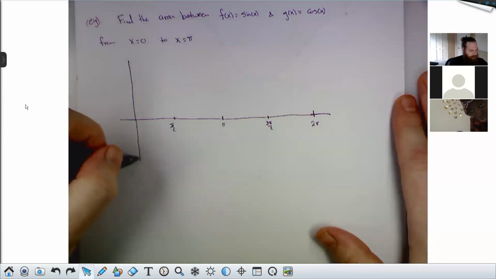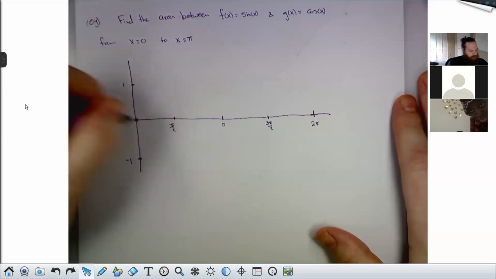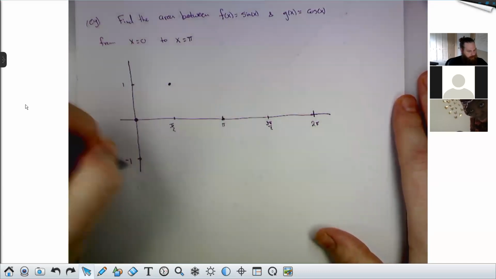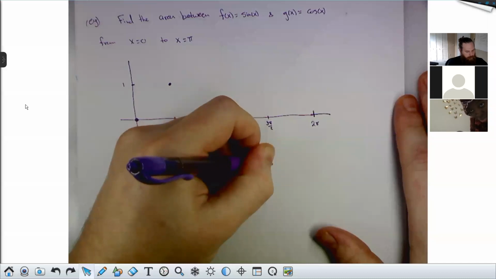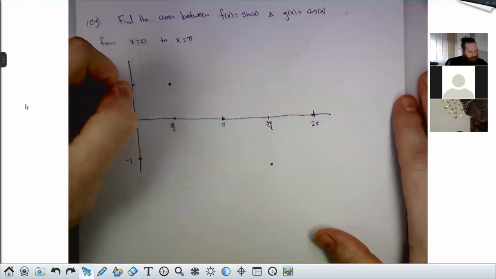I'll start with my sine function. Let me mark off a -1 and a +1. So the sine function we know starts at the origin, goes up to 1 here, 0 here, -1 here, and back to 0 here. So here's my sine function.